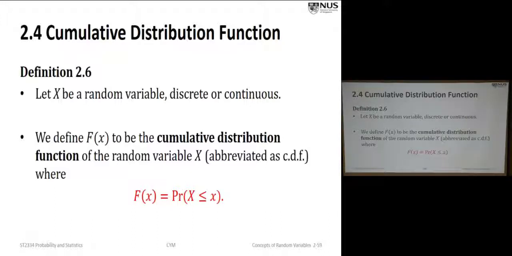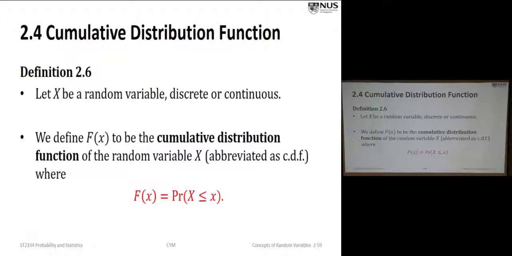So that is the probability function or probability density function. Sometimes people don't care and just use probability function to represent both. But here in this chapter at least, I use probability density function to tell you that the function represents the probability density of the random variable, and that is for continuous random variables.